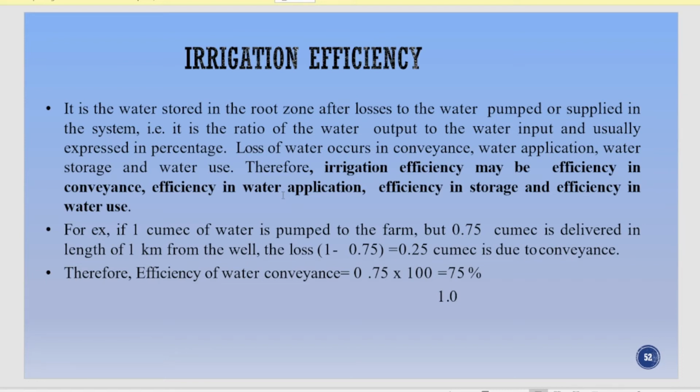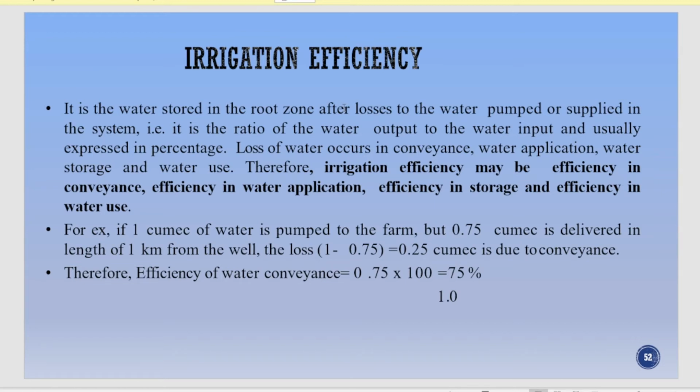And the last one is how efficiently the water is stored in the root zone, which depends on the climatic condition, the type of soil, and the type of crop grown. These efficiencies explain how efficiently you use the water which has been stored in the reservoir.